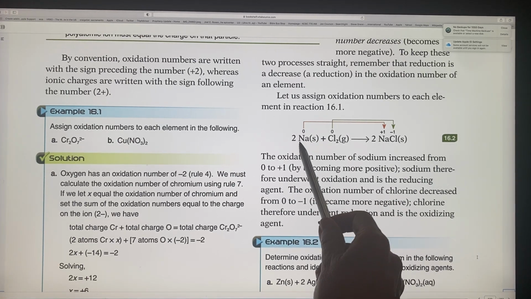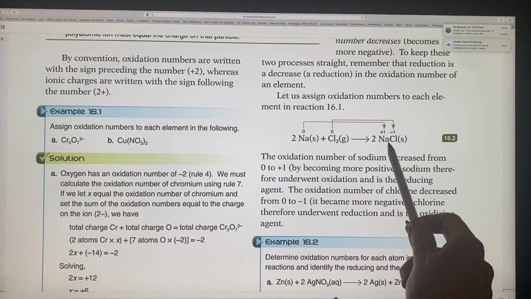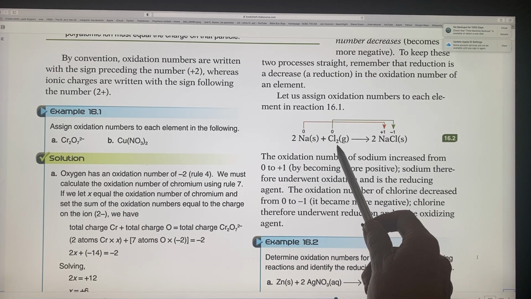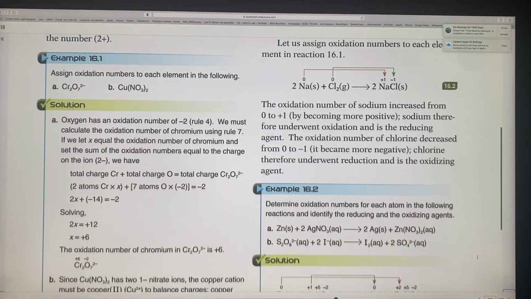So sodium is getting larger, so it's oxidizing. And chlorine is getting smaller, so it's under reduction. So just to know, we can look at this in any equation now. It's a handy way.